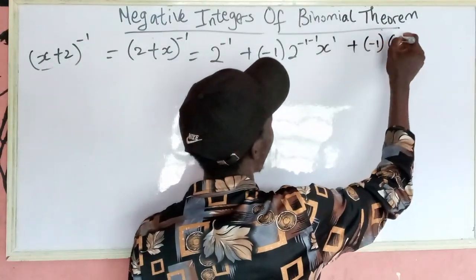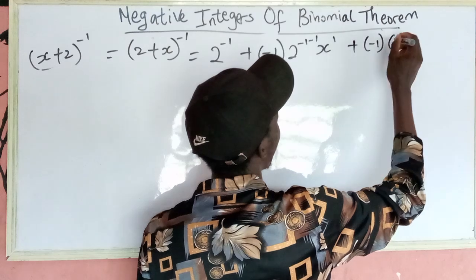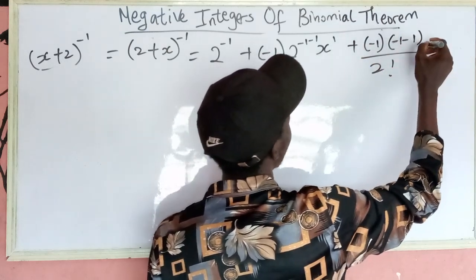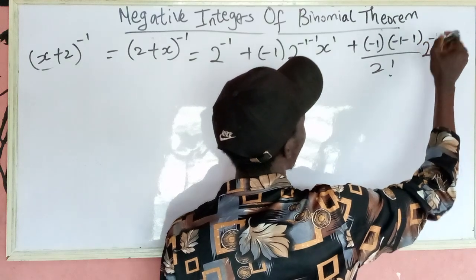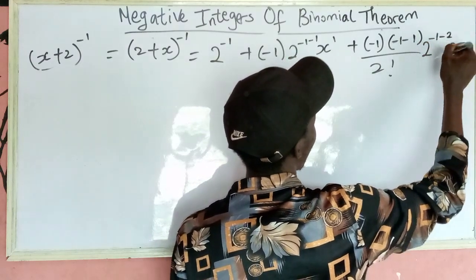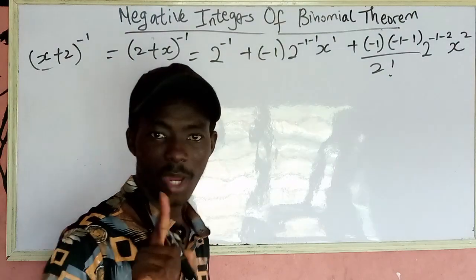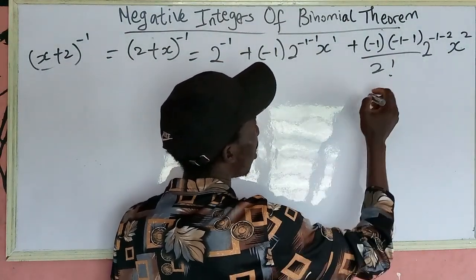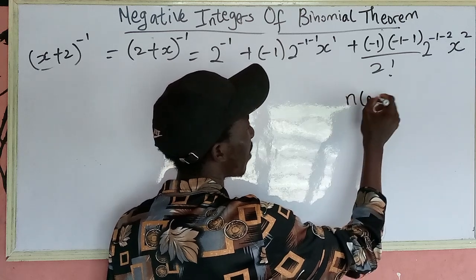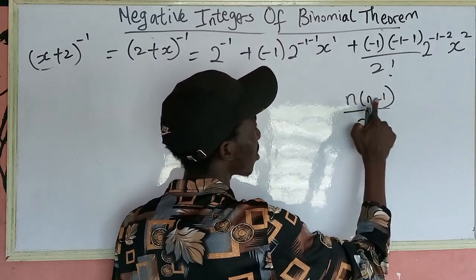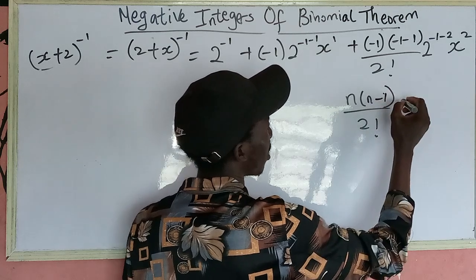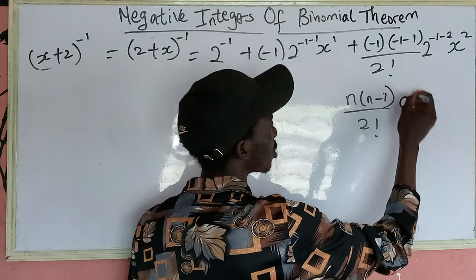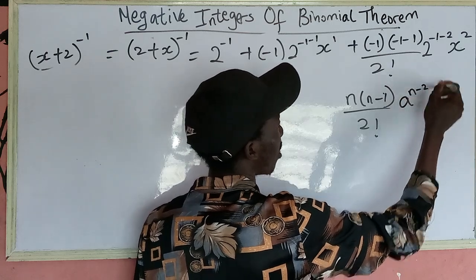Next one you have minus 1 and minus 2. Okay. Minus 1 minus 1 over 2 factorial. You have minus 1 minus 2 x raised to power 2. What am I using? I'm using the formula of n, n minus 1 over 2 factorial, let's say a raised to power n minus 2 and b raised to power 2.